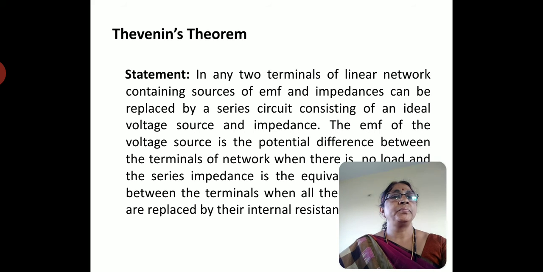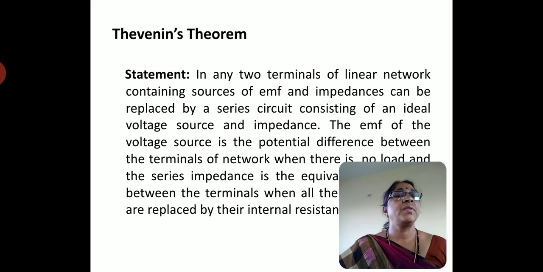And now let us see the statement of this theorem. Any two terminals of a linear network containing sources of EMF and impedances can be replaced by a series circuit consisting of an ideal voltage source and an impedance.